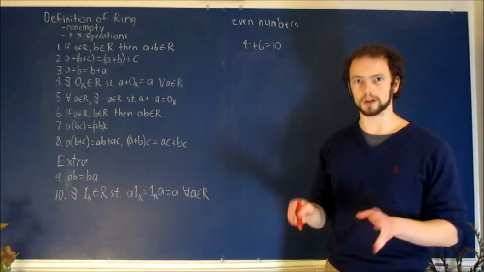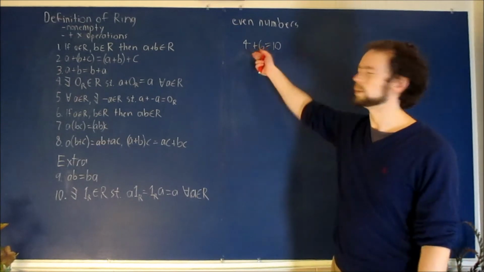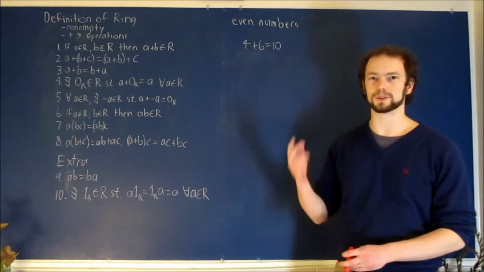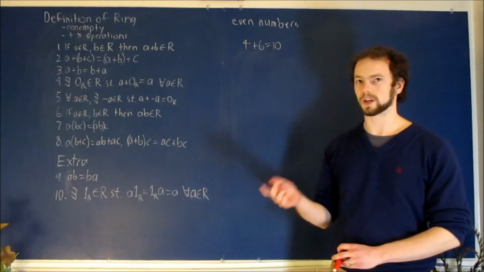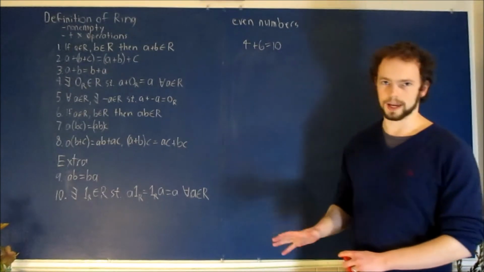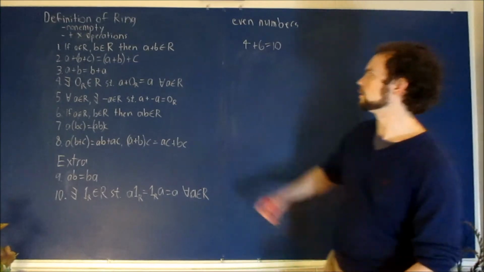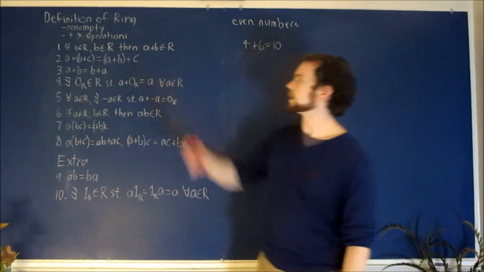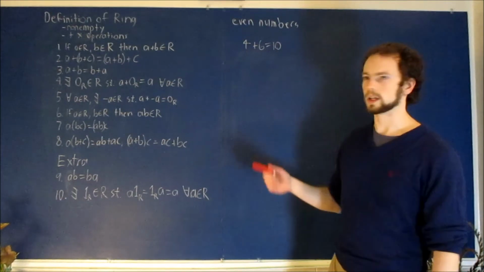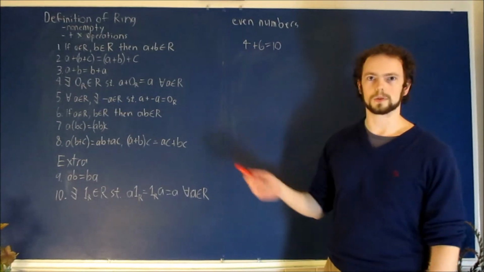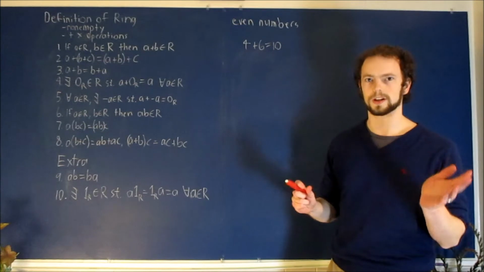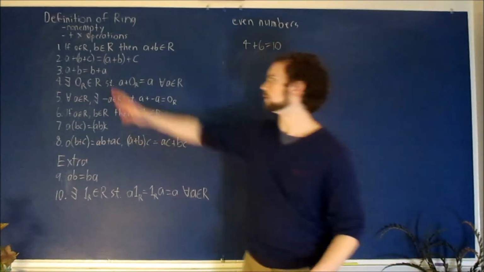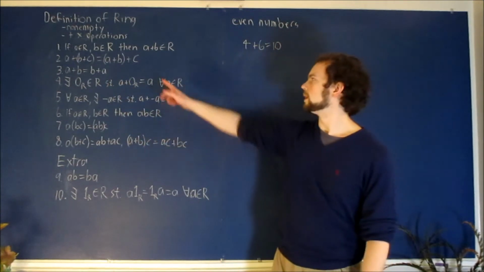It's not too hard to prove that this will always be the case for any 2 even integers you pick. If you take 2 even integers and you add them, you will always get an even integer. So this first criteria is satisfied. The second one, obviously, if addition is associative for the integers, which we already saw last time, it'll be associative for the even integers. Same thing with the commutative property.